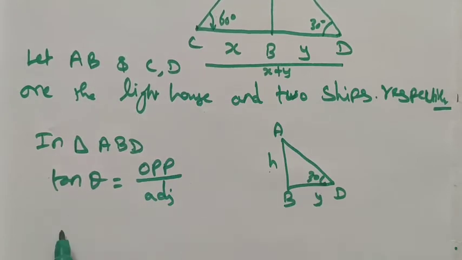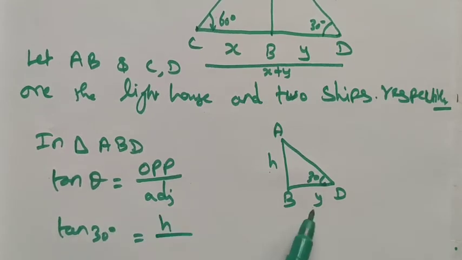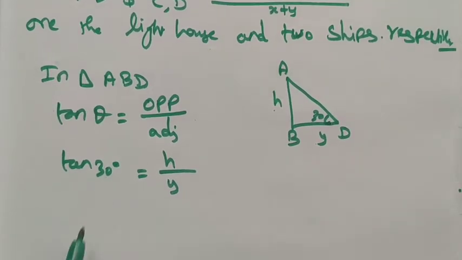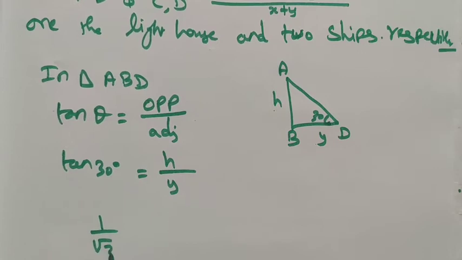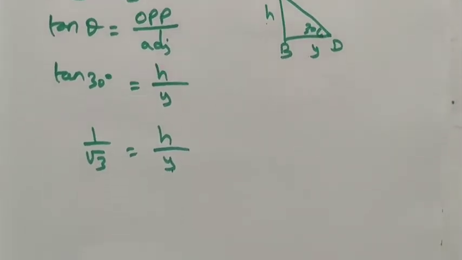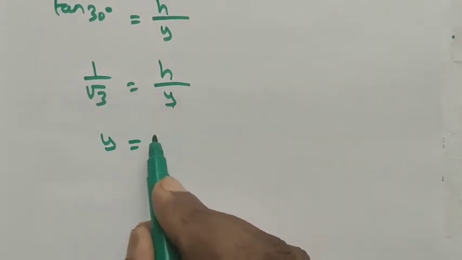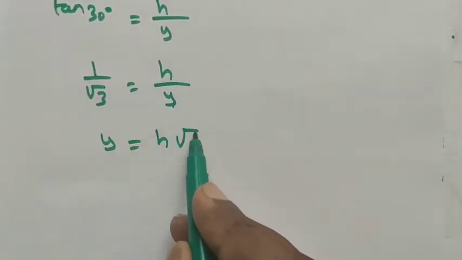Theta is given as 30 degrees. Tan 30 degrees is equal to opposite side h divided by adjacent side y. We know the value of tan 30. Tan 30 is equal to 1 by root 3 is equal to h divided by y. Taking y to this side, we get y is equal to h into root 3.